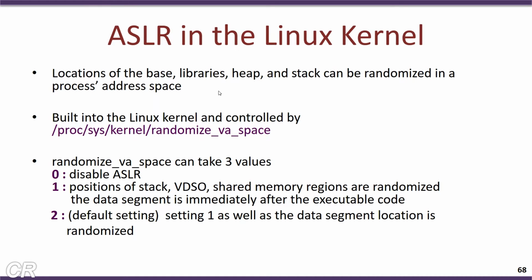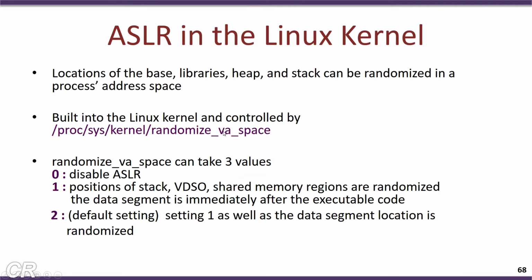So, in your current Linux systems, especially in Ubuntu systems, you can look at this particular file. You can cat this file /proc/sys/kernel/randomize_va_space to determine whether your operating system has ASLR enabled or not.